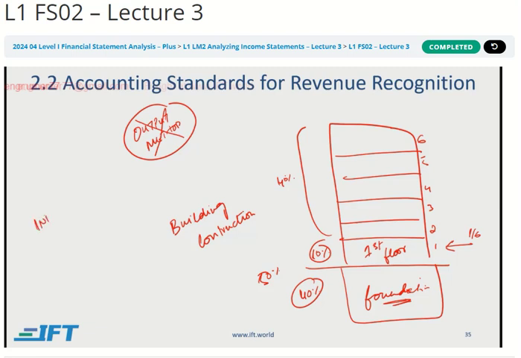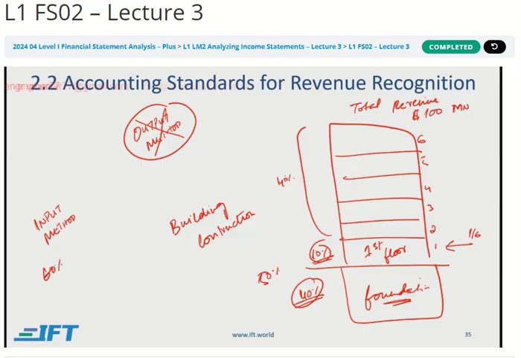They want to go for something known as the input method, where you could recognize revenue as a percentage based on the cost incurred. So let's say the total revenue we're going to be recognizing for this business is, let's say, $100 million, right? And once the first floor is done, what we will do is take 40% and 10%.